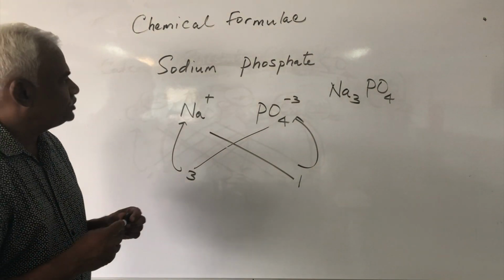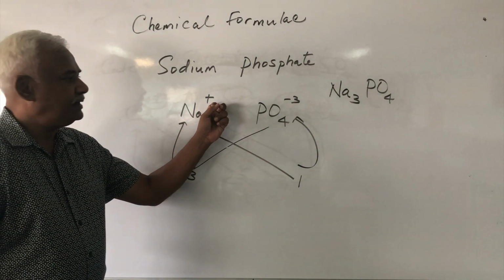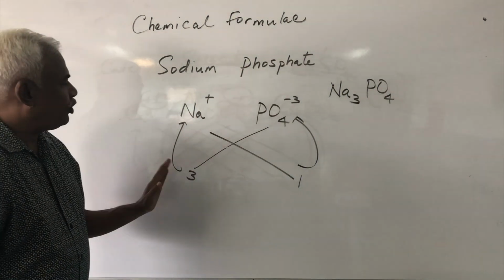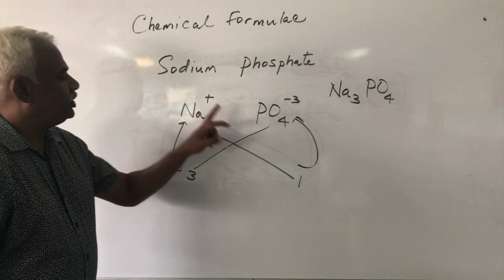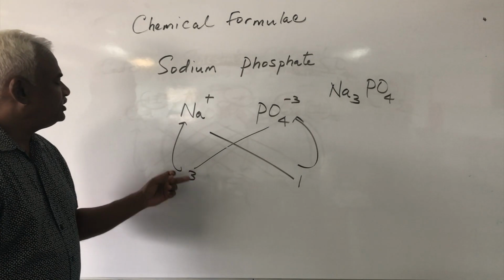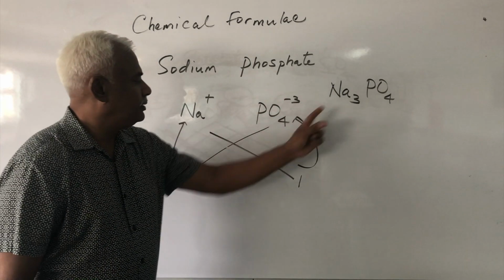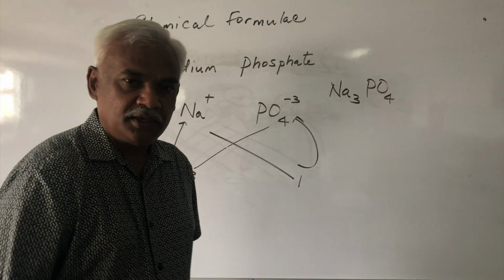Let's repeat. Sodium phosphate. Sodium, a +1 ion. Phosphate, PO4 -3. I cross. Number 3 comes here. Number 1 comes here. I interchange my numbers. Na3PO4 once. Sodium phosphate. All right.